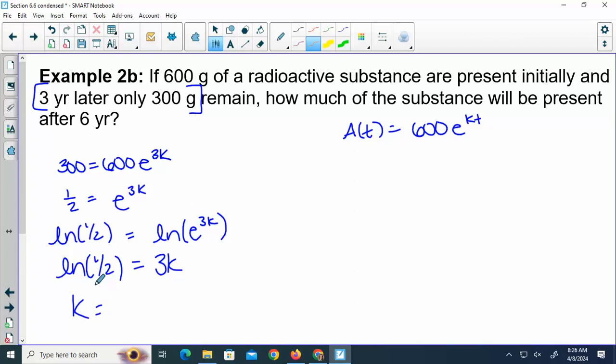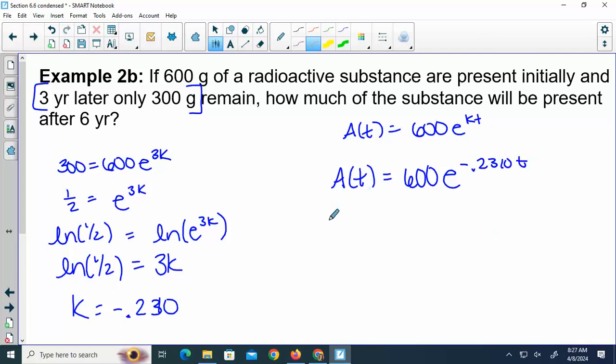So we have to do the natural log of 1/2 divided by 3, and your constant is negative 0.2310. So the amount we have at any given time is 600 e to the negative 0.2310 t. That's our equation.